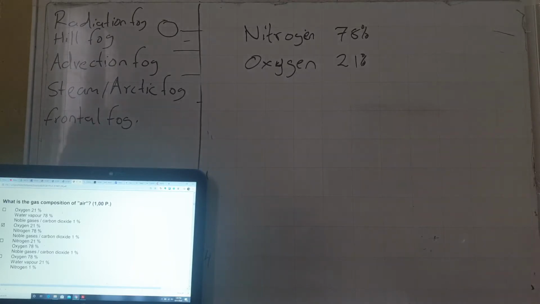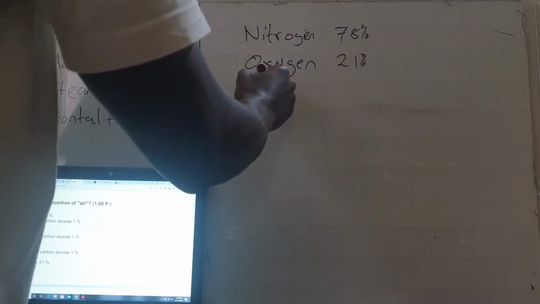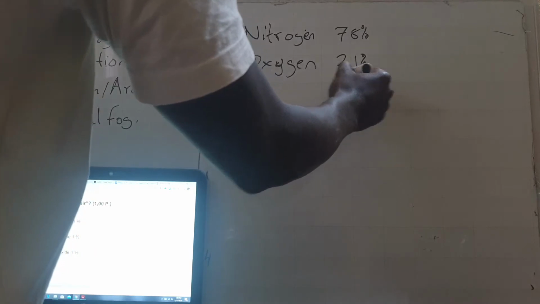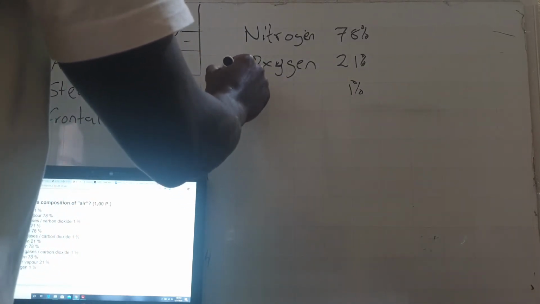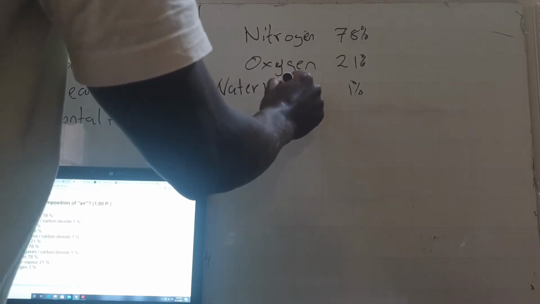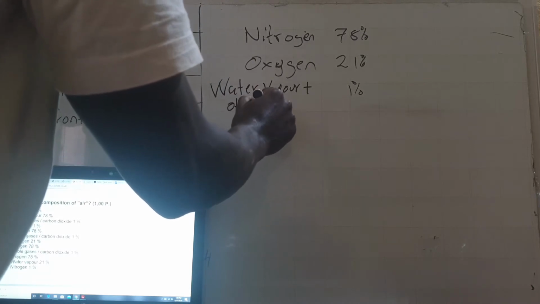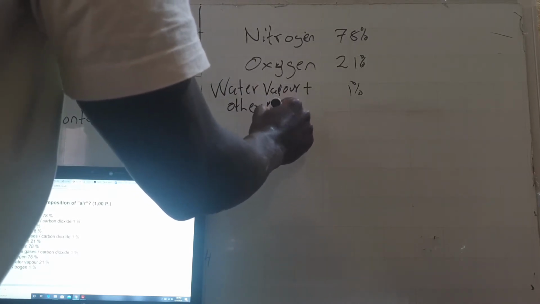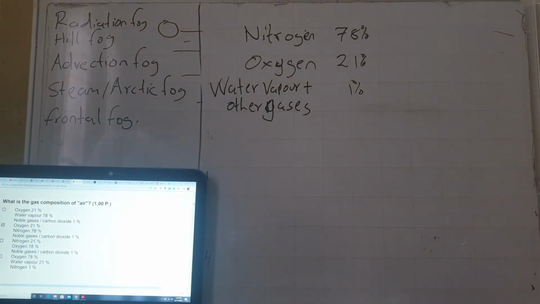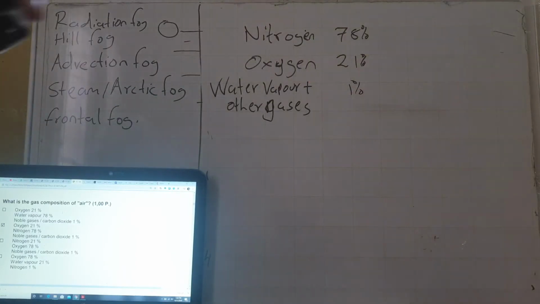Because 78 plus 21 is 99, the remaining 1% is water vapor and other gases. You can go into specifics like carbon dioxide, because I know oxygen is not exactly 20, it's 20 point something.